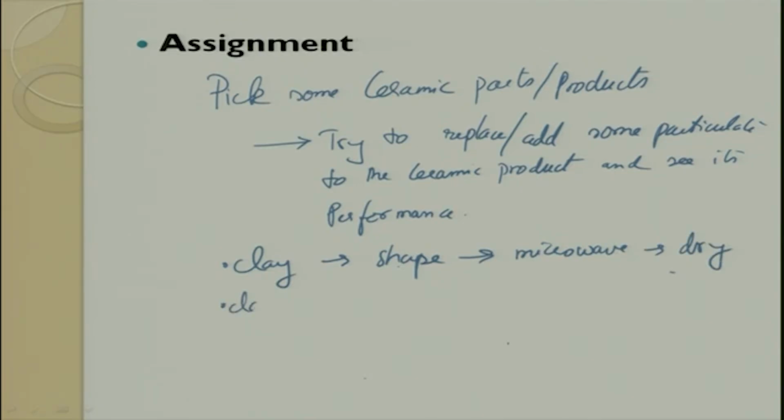The next thing is clay mixed with abrasive. Again, you will try to shape it, put it in a microwave and then allow it to dry, and then you will try to compare. So, here SiC is a reinforcement agent.